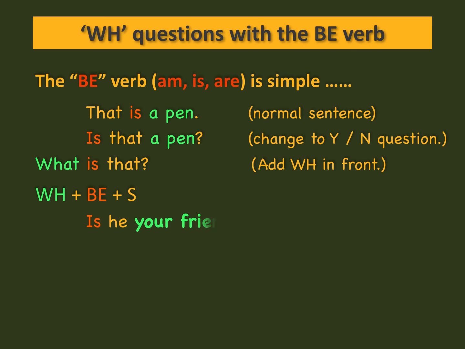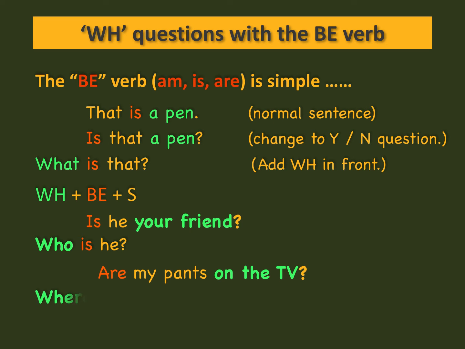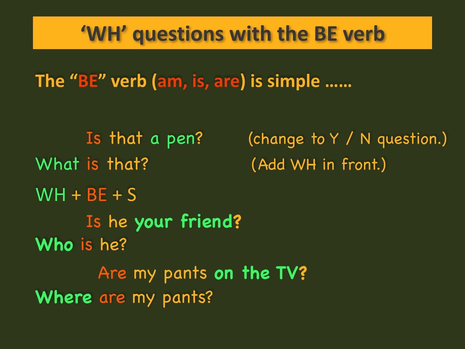Here are some examples, starting with the yes-no question pattern. Is he your friend? Topic is your friend. Person, who. It goes at the front. One more, a little bit strange, but same pattern.